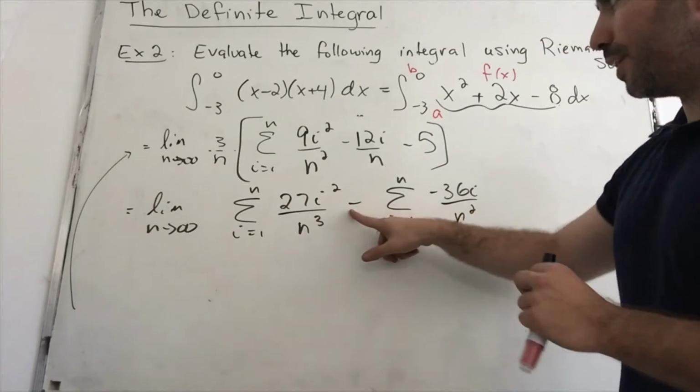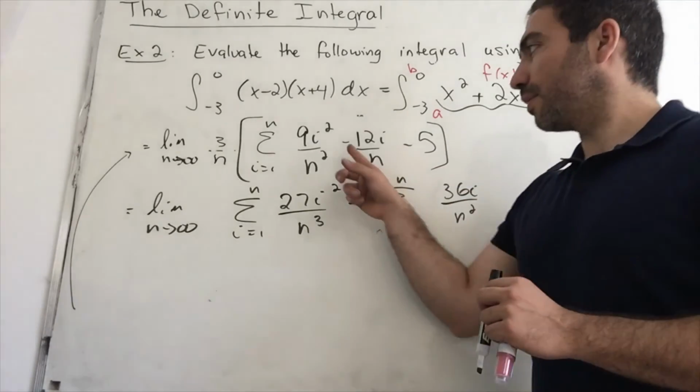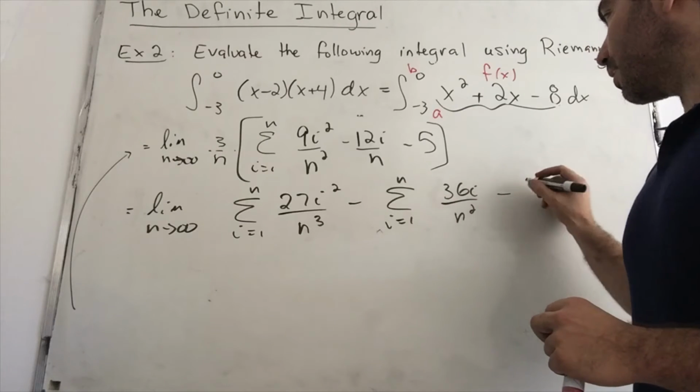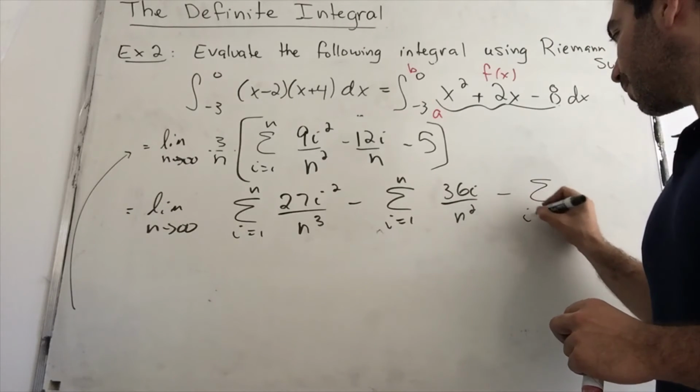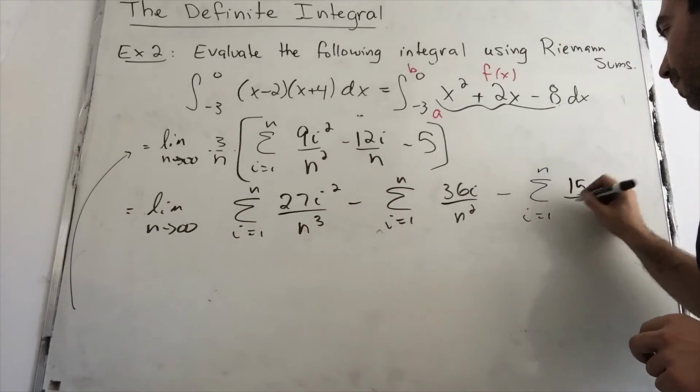Oh, sorry, I already took into consideration the negative, so this is going to be positive, okay? And then we have minus 5, so minus the sum from 1 to n. 5 times 3 is 15, so we have 15 over n.